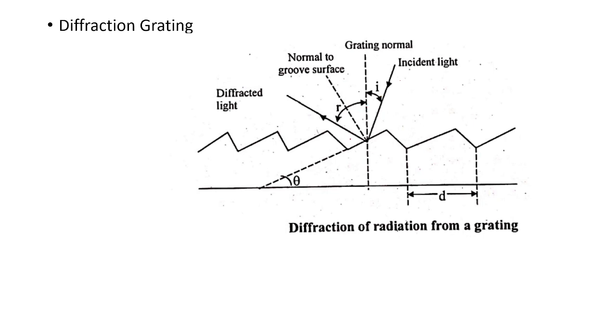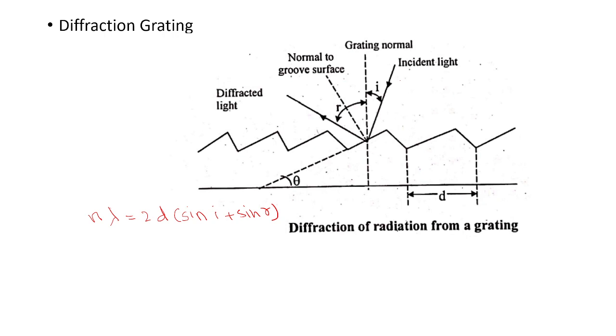So depending on when polychromatic radiation is incident on the diffraction grating, what happens? The equation is n lambda equals d sine theta. Look here, n lambda is equal to 2d sine theta, but here you have to take sine theta as sine i plus sine r.